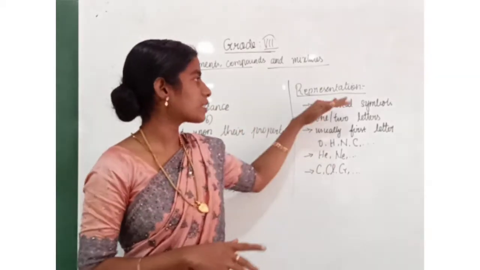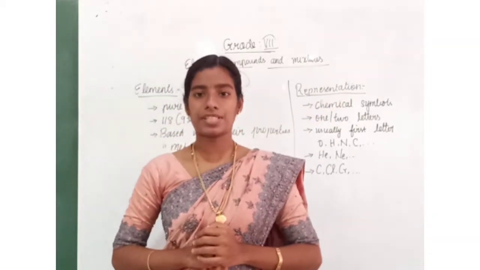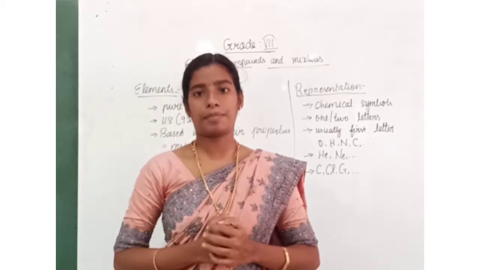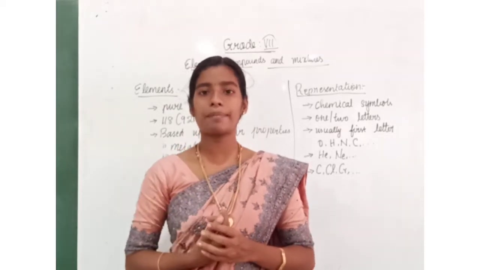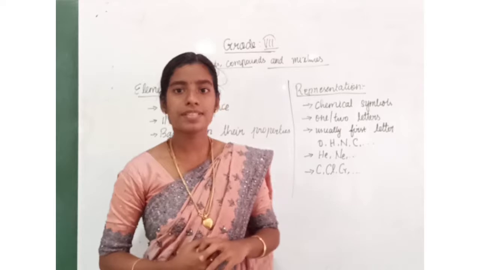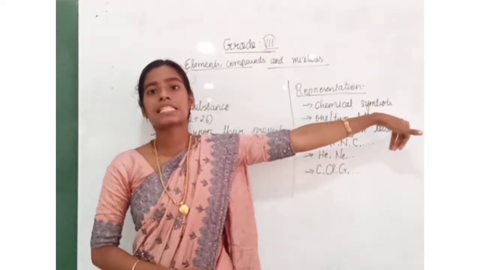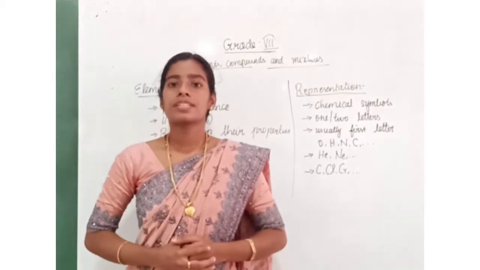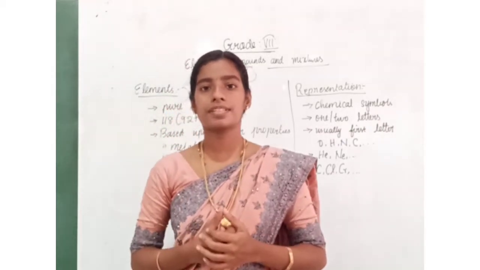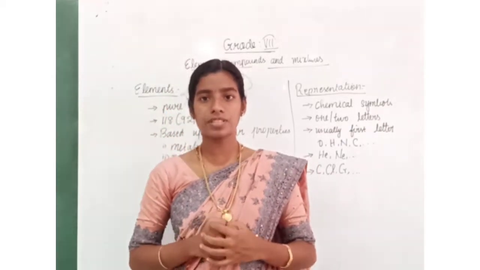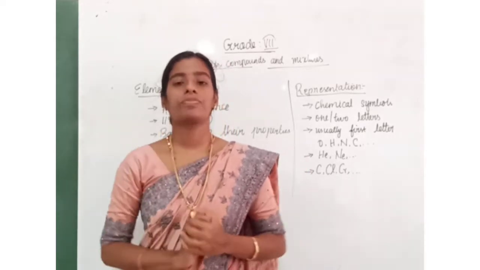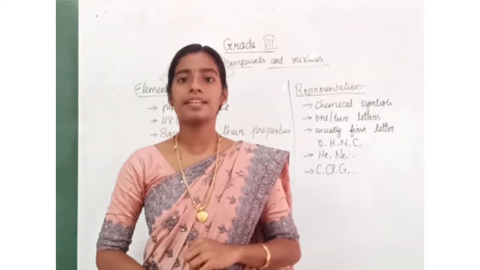Then the next one is representation of elements. How are we representing these elements? We represent elements using chemical symbols. Say some examples for elements. Oxygen. How will you represent oxygen? O. How will you represent hydrogen?